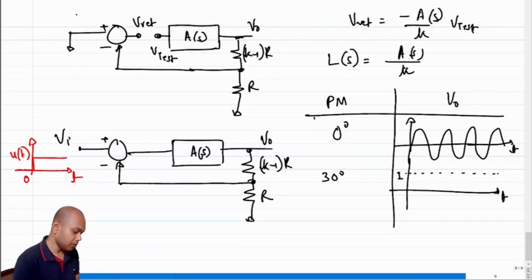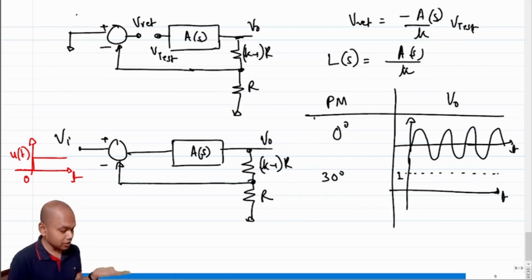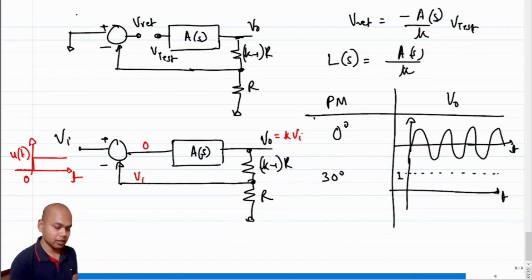So what is the expectation under steady state? If the loop gain is really high, if the loop gain is infinity, under steady state this error voltage will be 0. So this voltage will be equal to Vi, which means this voltage will be a step. If this is Vi, V naught will be equal to kVi. This is the expectation at steady state.